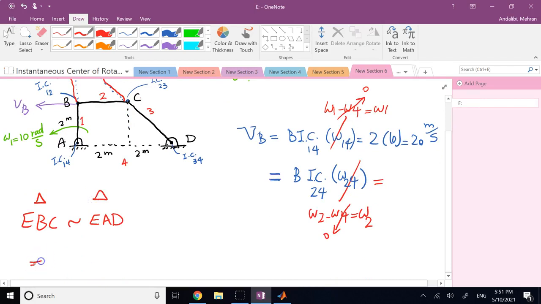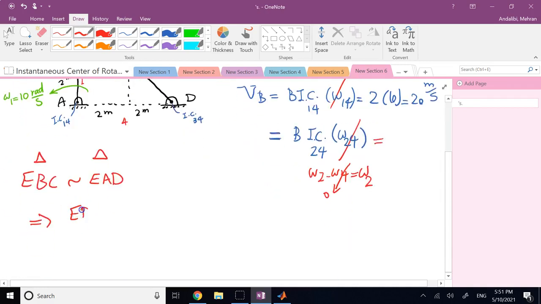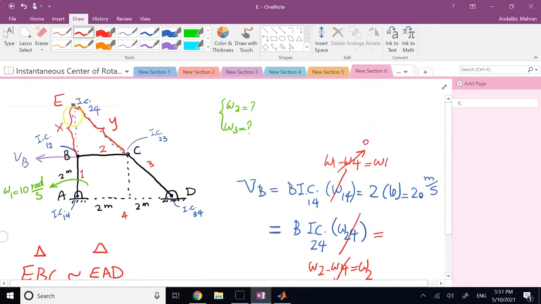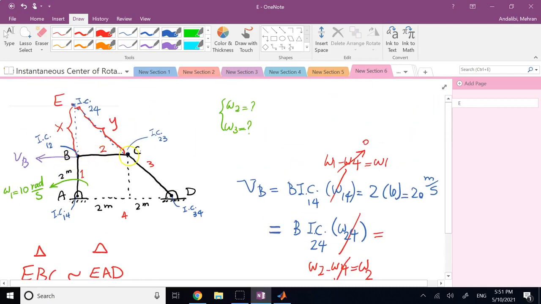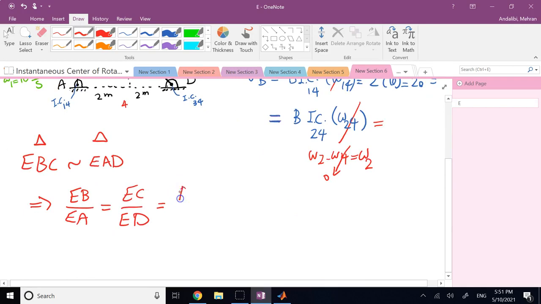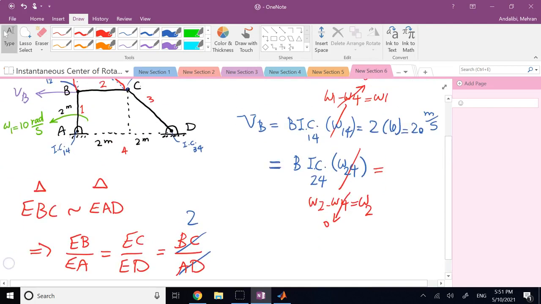Since they are similar, the ratio of the sides are equal. So I can say that EB to EA is the same as EC to ED. And that is the same as BC to AD. Okay, and now the numbers for them, BC is 2, AD is 4. So this ratio should be half for all of them.